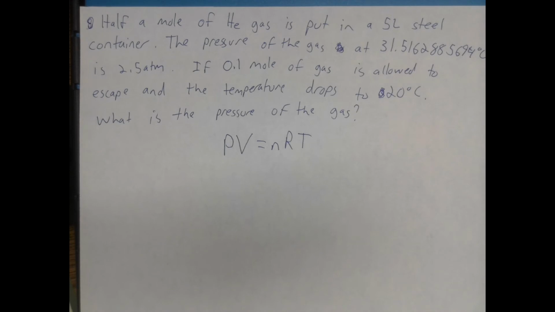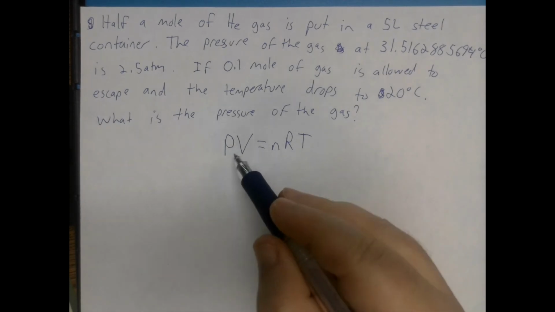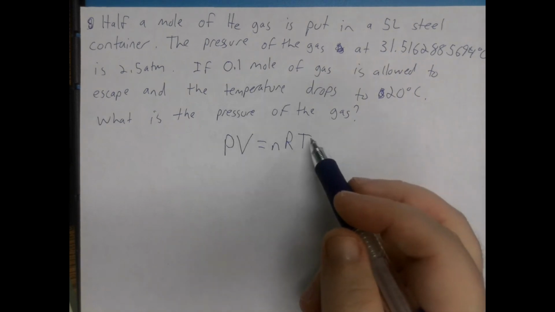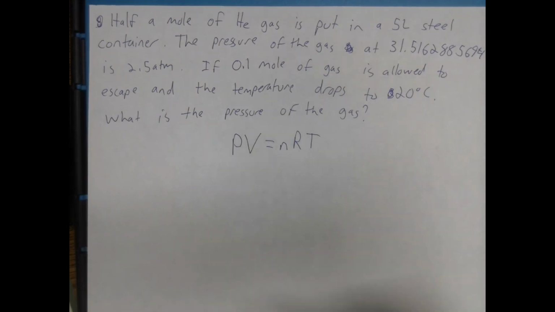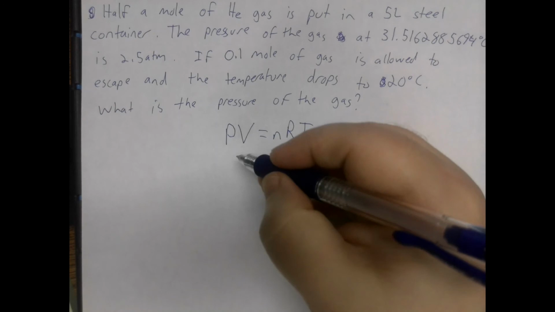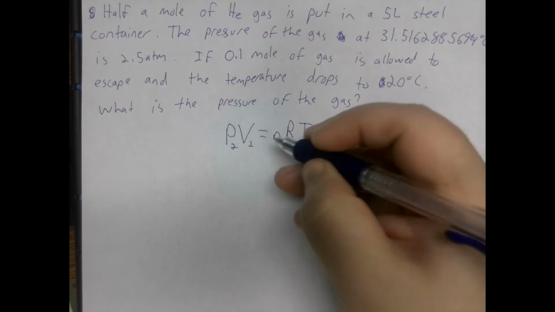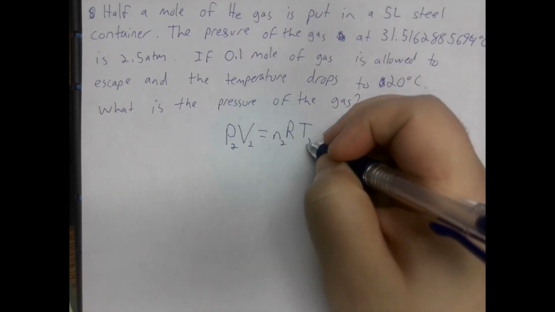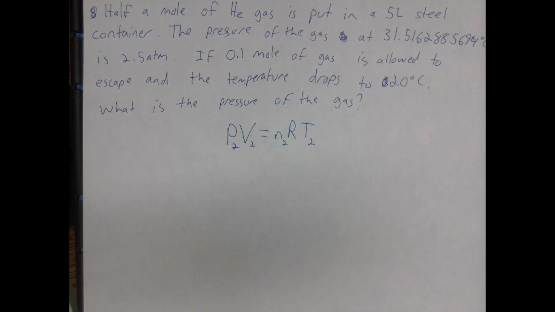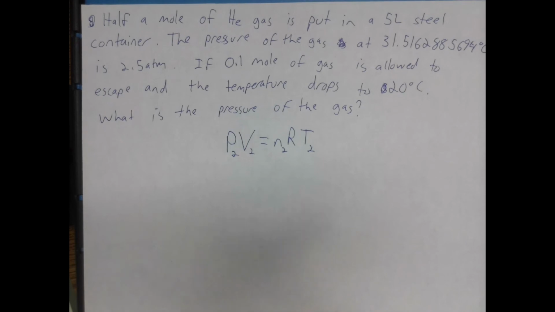When you write it in this form, these values can either correspond to all the initial values or all the final values. Here I'm going to let them be all the final values. Note that most of this problem contains useless information.